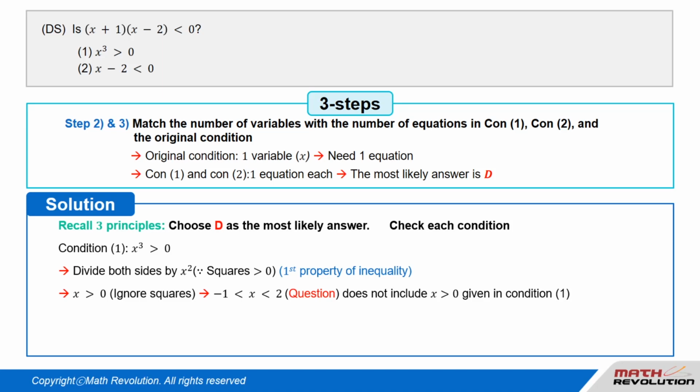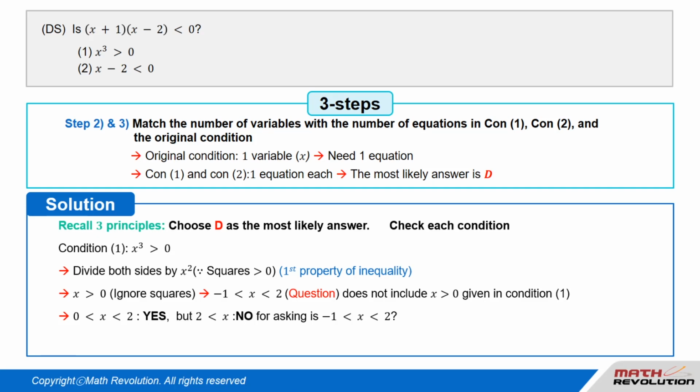The range -1 is smaller than x, which is smaller than 2, that we are trying to find does not include the range x is greater than 0, contained in the range given in condition 1. If 0 is smaller than x, which is smaller than 2, then we get yes as an answer to whether -1 is smaller than x, which is smaller than 2.